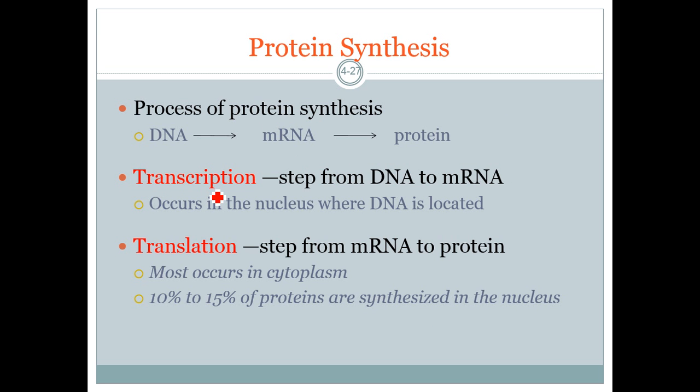And this is what occurs in the nucleus. The second step, our translation, this is the step from mRNA to our protein. And this is going to occur in the cytoplasm. Now, 10% to 15% of proteins are synthesized in the nucleus. The remaining is in the cytoplasm.